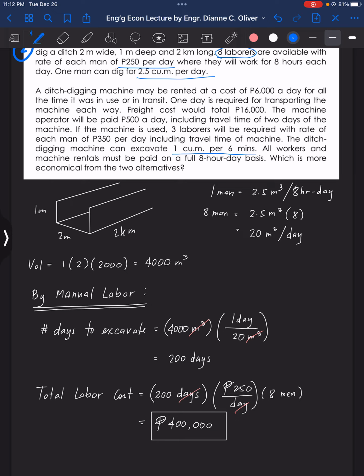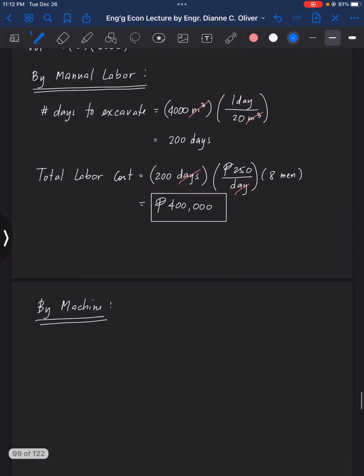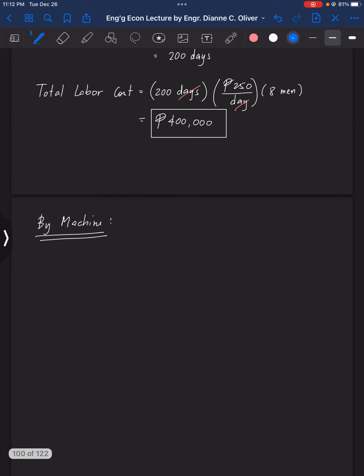And all workers and machine rentals must be paid on a full 8-hour day basis. So, full 8-hour day basis. So, by machine, the capacity is 1 cubic meter in 6 minutes.